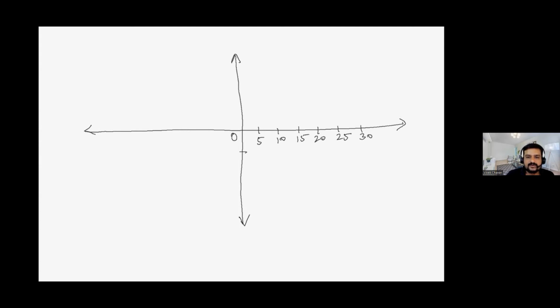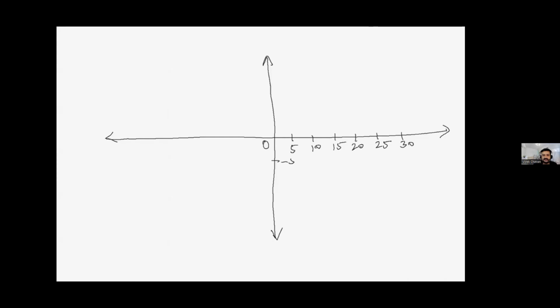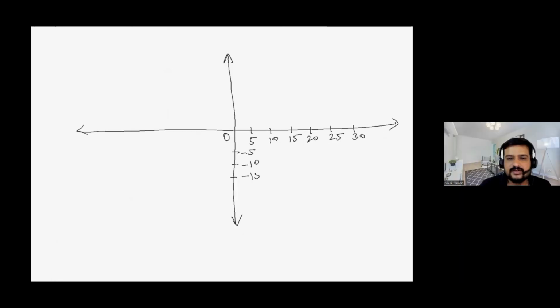Here also minus 5, minus 10, minus 15, minus 20.